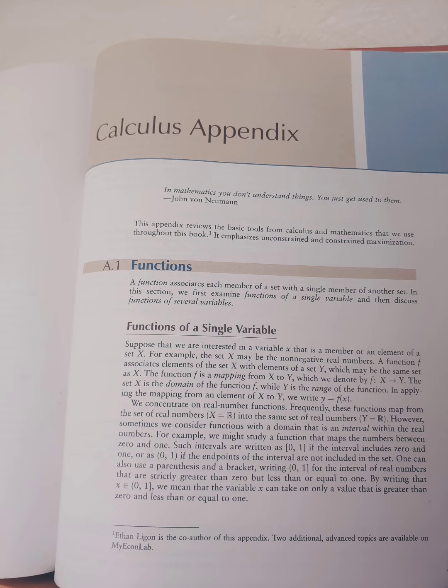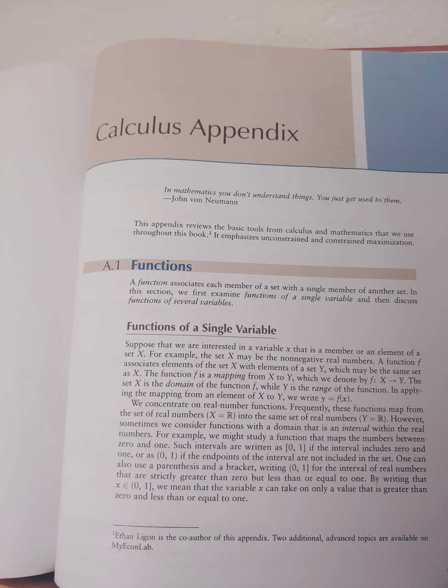These examples are called explicit functions because we can write them in the form y equals f of x. Some functions are implicit mappings between capital X and capital Y and are written in the form g of x and y equals 0.